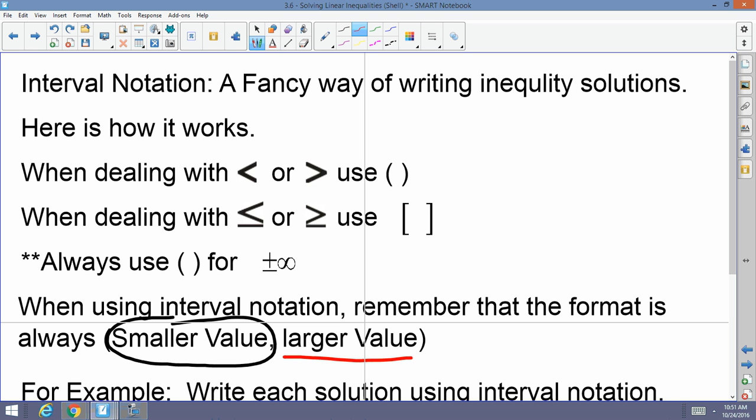I know you're still going, what is he talking about? I promise I'm going to make it all come together. Just remember, infinities always have parentheses. And when you're writing interval notation, you go from the smallest value to the largest value. You with me?